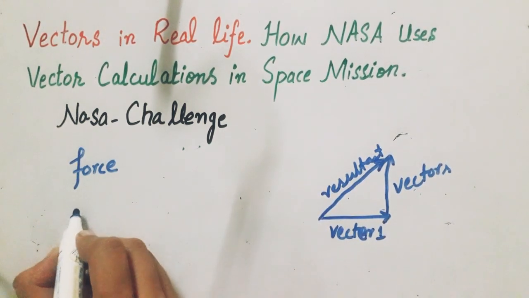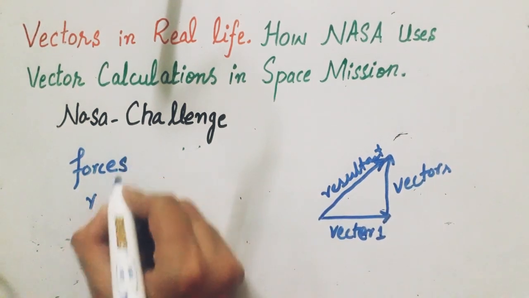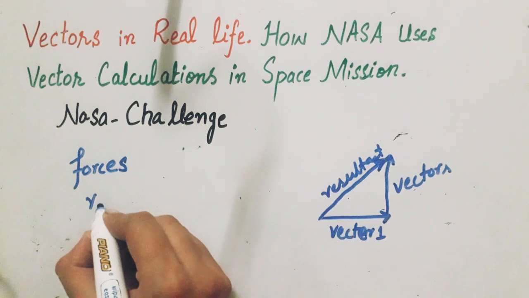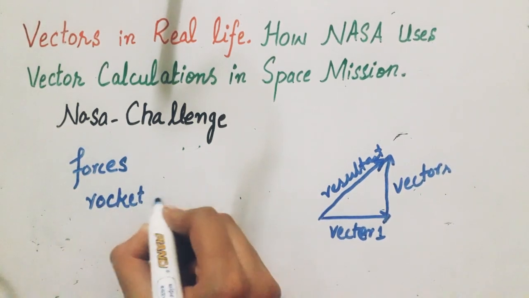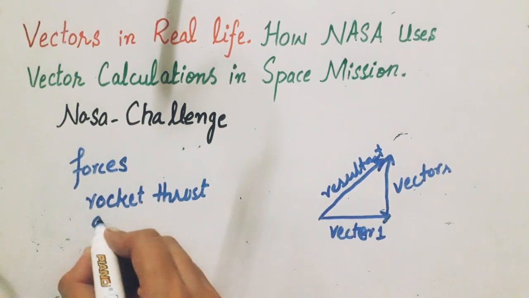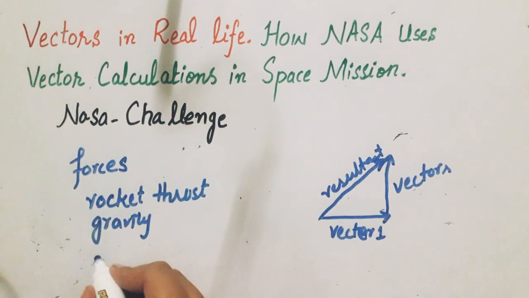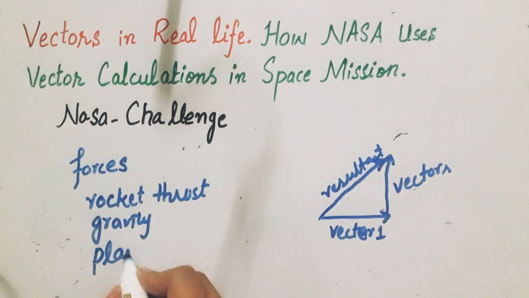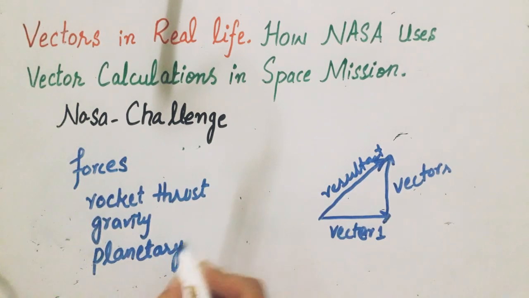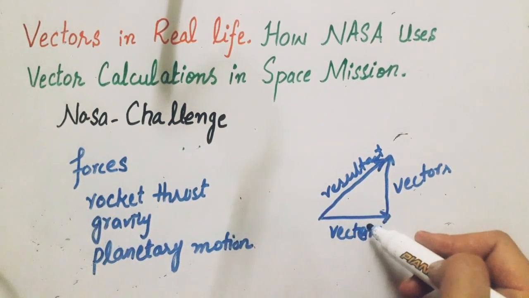that are acting, like rocket thrust, force of gravity, and planetary motion, and we will represent them by using vector addition.